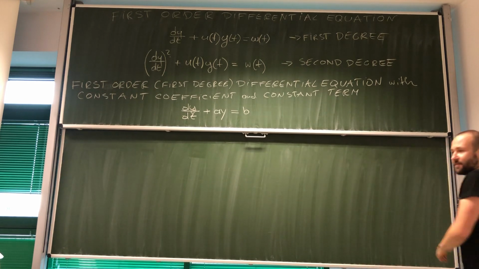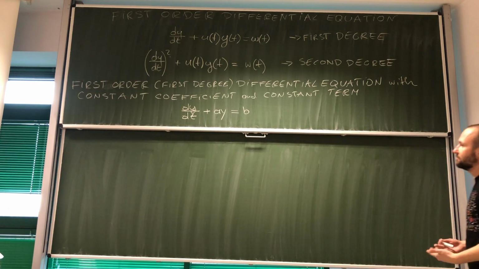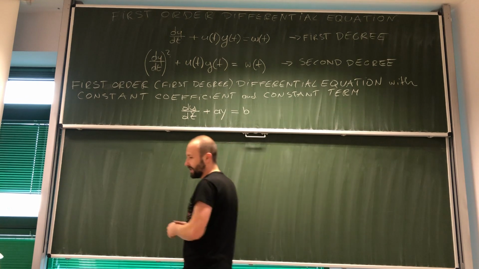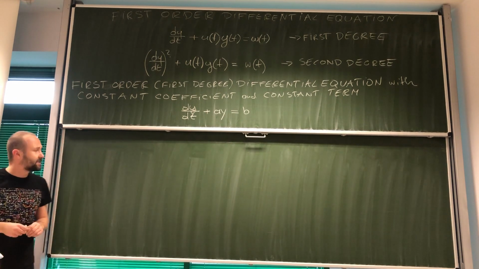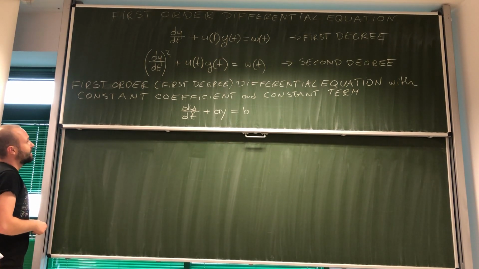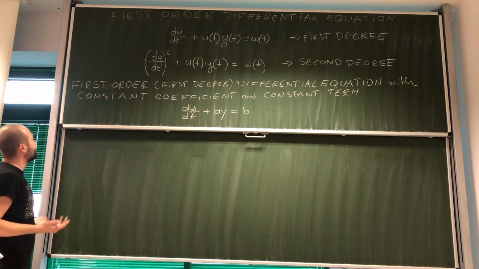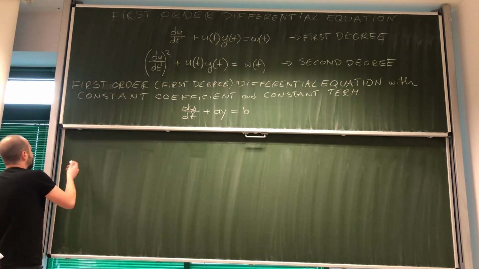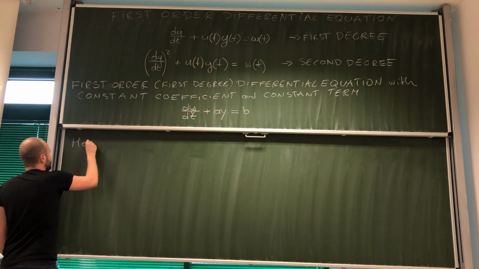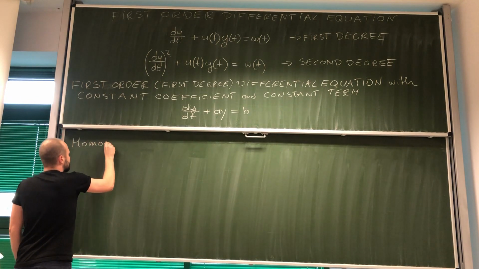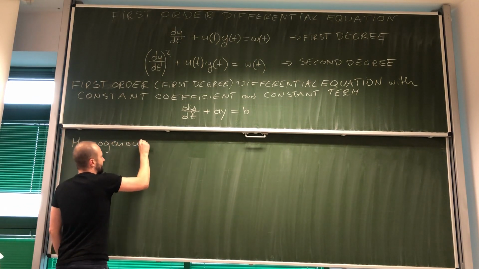But how do we go about solving such differential equations? Well, when we want to show how to do it, we usually start with homogeneous equations. So, the homogeneous case.